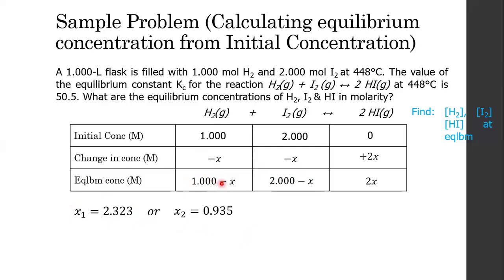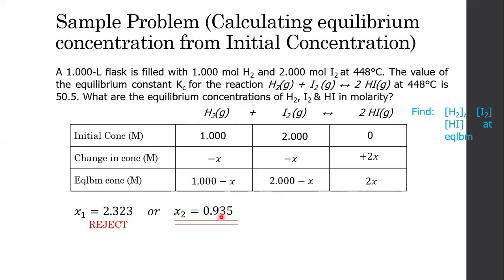And we're not dealing with a negative concentration. Negative concentration simply wouldn't make sense in the real world. So with that, we reject x1 and we retain x2. Since if we use this to substitute here, here, and here, we won't get any negative concentration.